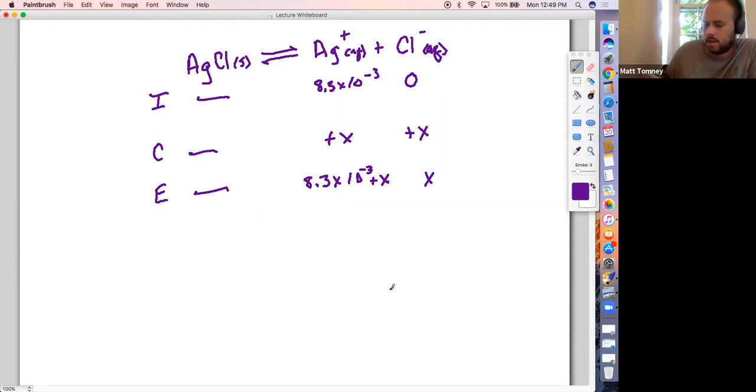All right. Now, what I would need, you'd have to go get this from the chart, but for the sake of time, I'm going to give this to you. You need to know what the KSP is, because we're going to set the KSP equal to the equilibrium concentration. So the KSP for the silver chloride is 1.6 times 10 to the -10th.